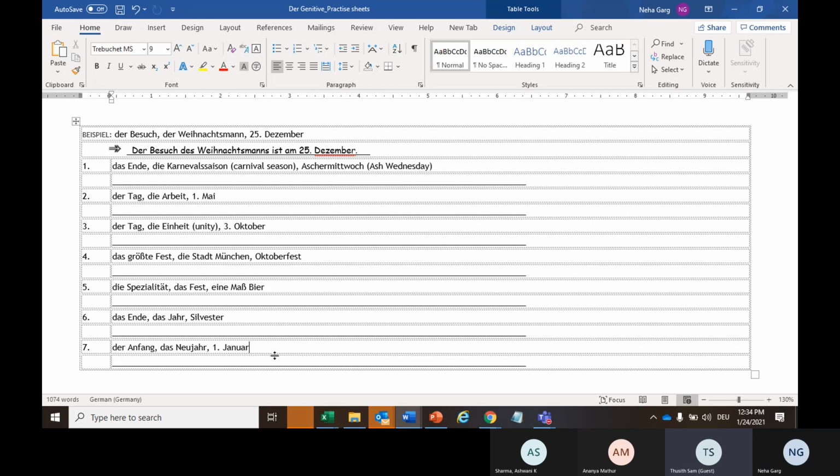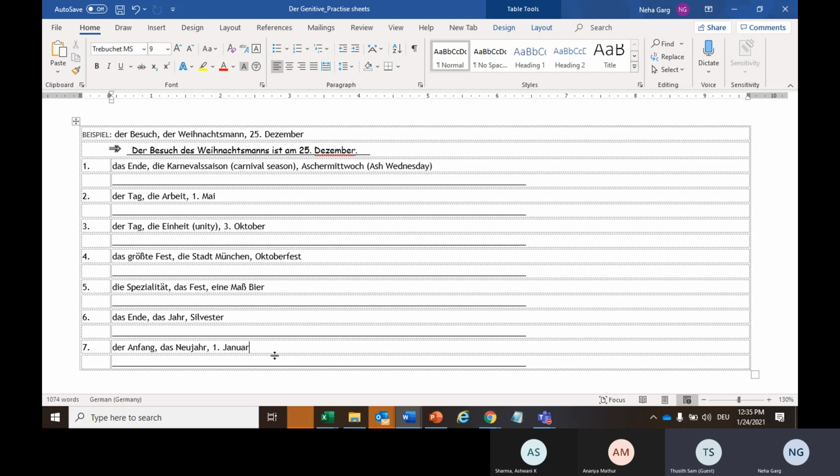Der Tag der Einheit ist am 3. Oktober. How do you say? Ist am. Ja, am 3. Oktober. Das größte Fest der Stadt München ist Oktoberfest.